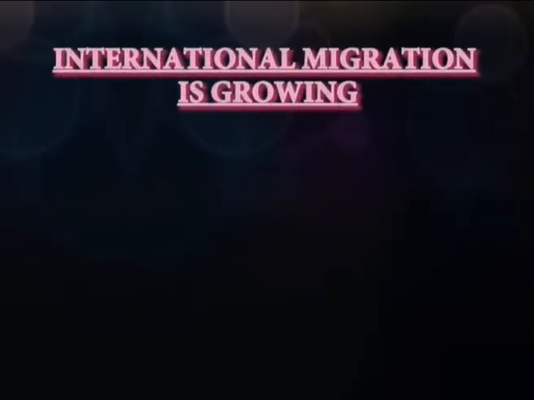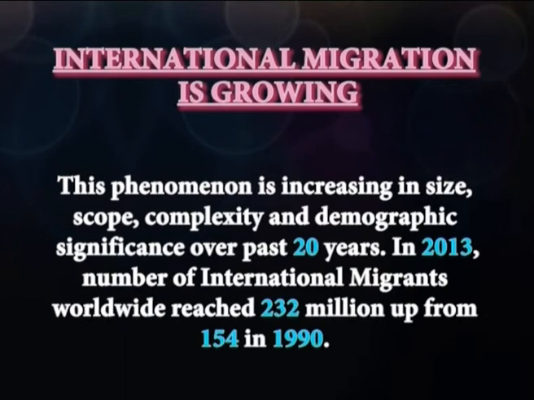International migration is growing. This phenomenon has been increasing in size, scope, complexity and demographic significance over the past 20 years. In 2013, the number of international migrants worldwide reached 232 million, up from 154 million in 1990.